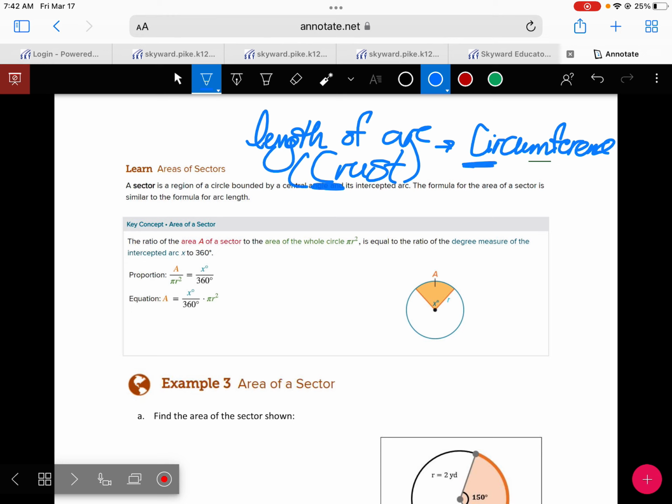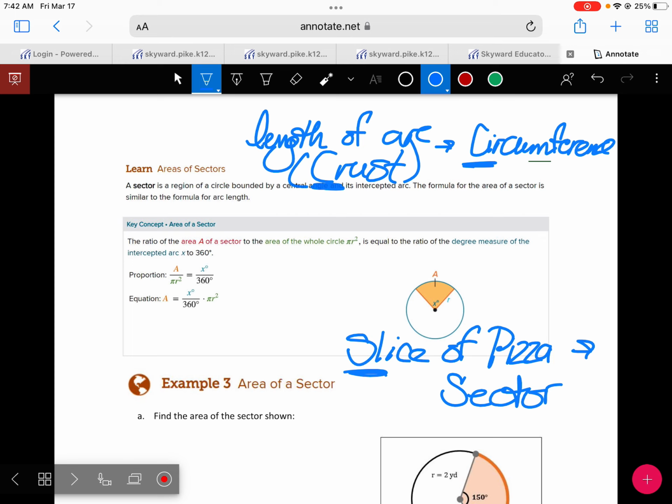A sector looks like a whole slice of pizza, and to find that slice of pizza, we are going to use what's called the area of a sector of the circle.